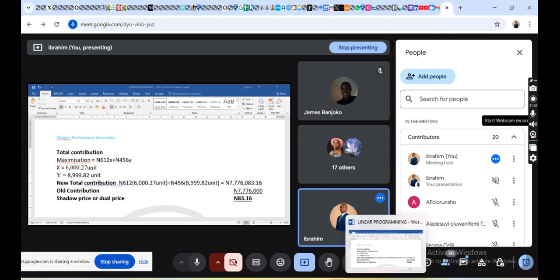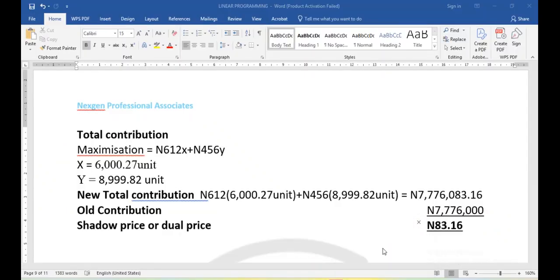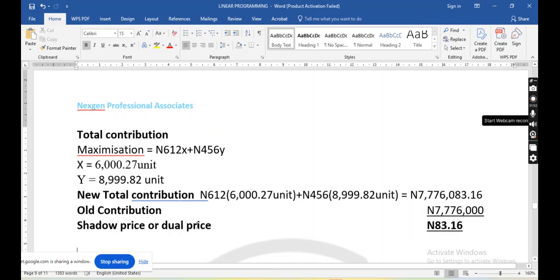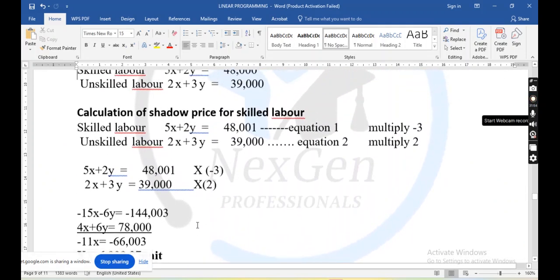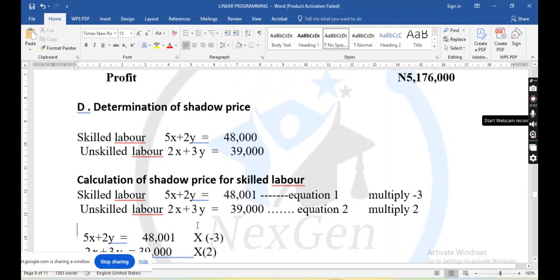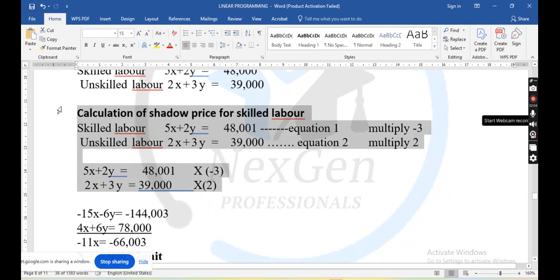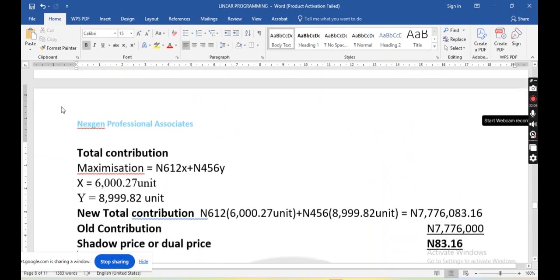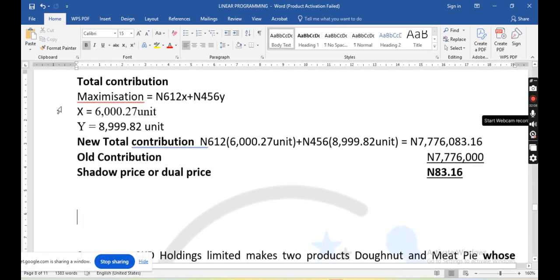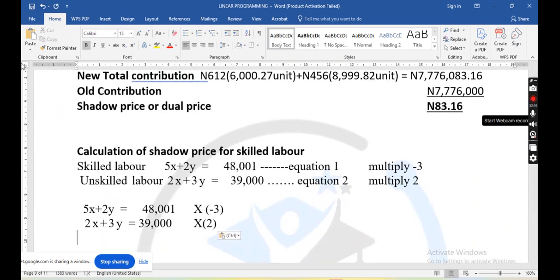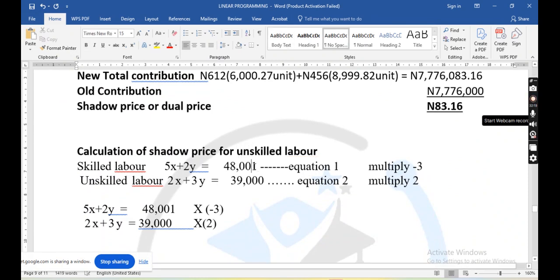Hold on. So let's move on, right? So the shadow price of the unskilled labor. So I can equally copy all this. That is why it is a compulsory question. Can you see it? Oh, unskilled labor. Skilled labor, right?